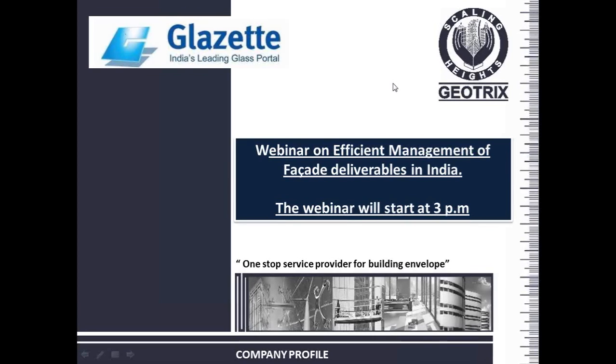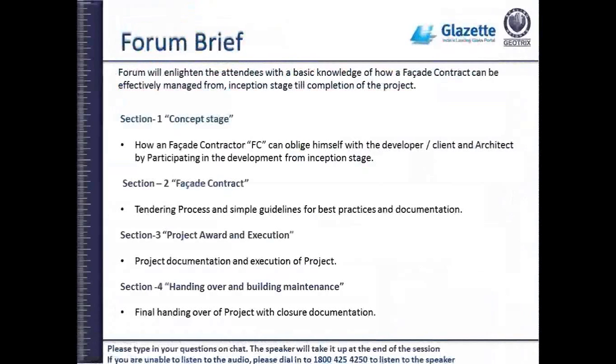Here we will be conducting this forum in 4 sections over 4 months, and we will go ahead with the presentation first. To give you an idea about the forum brief, as you see in this slide, we have 4 sections which will be rolled out in 4 months.